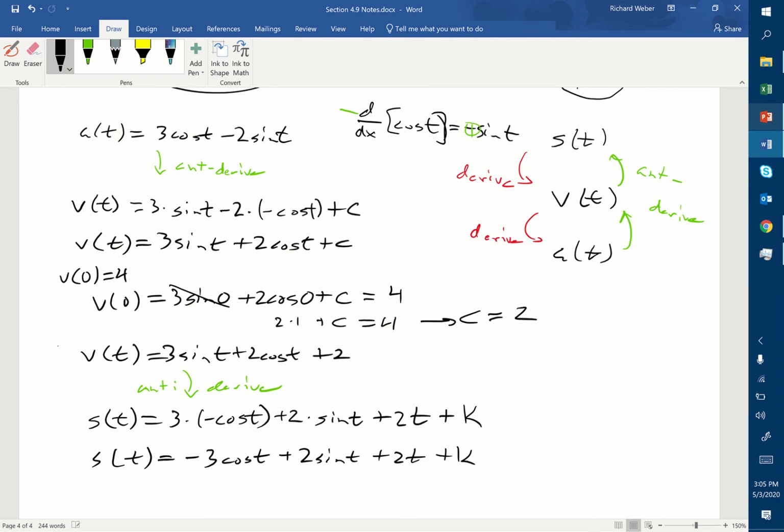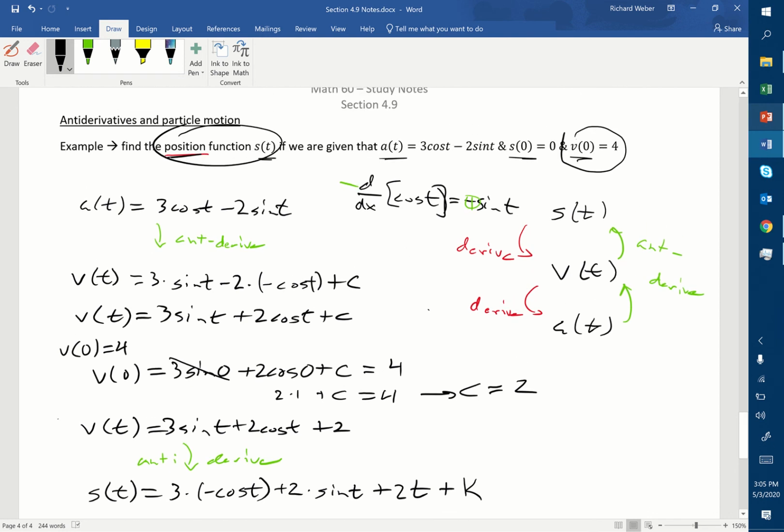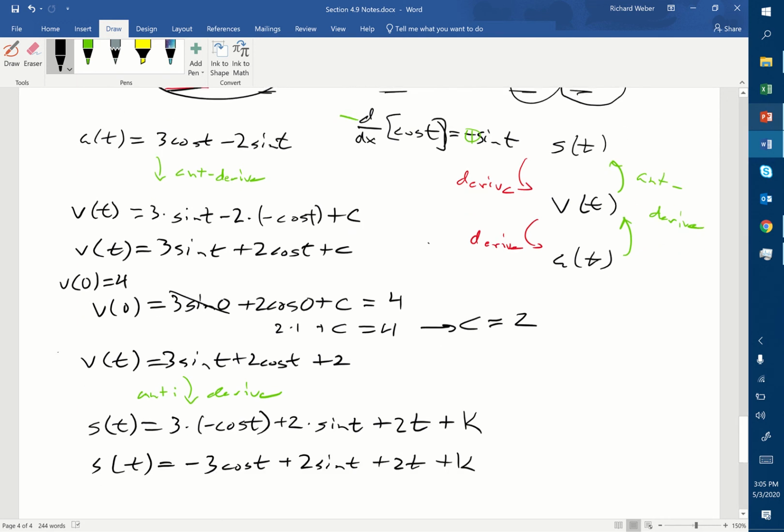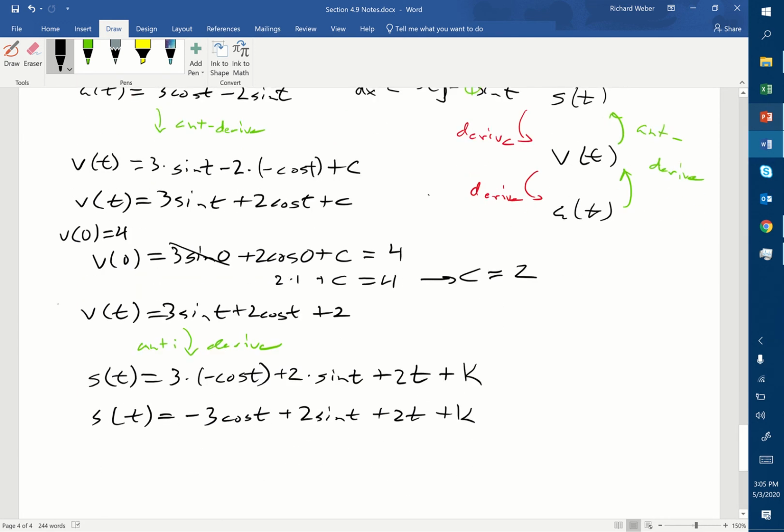But what's the story with the initial condition up here? Where is it? Oh, S of 0 is 0. So you probably can tell me what the answer is, but I'm now going to use S of 0 is 0 to figure out what k is. So for us, S of 0 means minus 3 cosine of 0 plus 2 sine 0 plus 2 times 0.